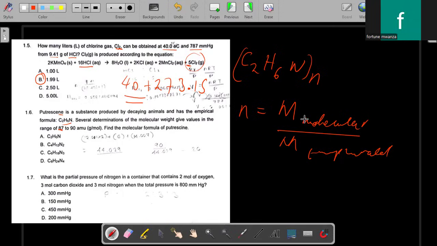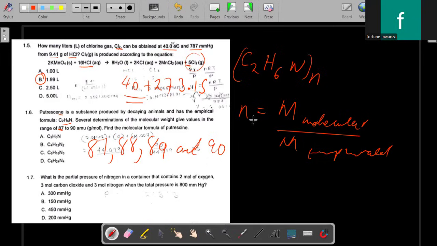We've been given the molecular mass in the range of 87 to 90 atomic mass units, so we can use any of these in that range: 87, 88, 89, or 90.